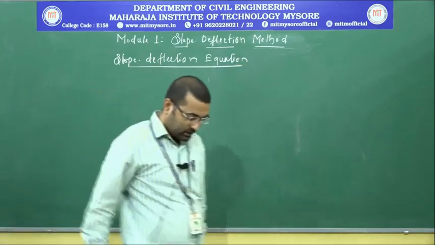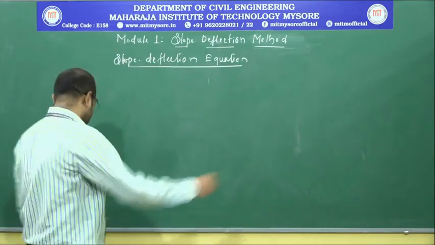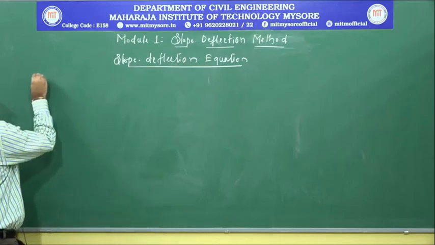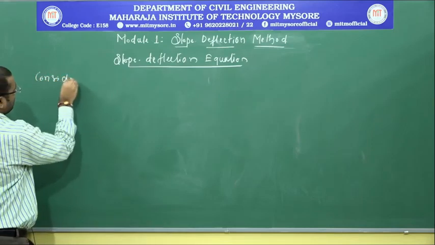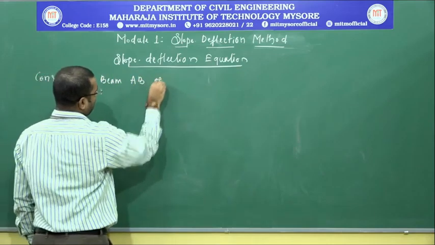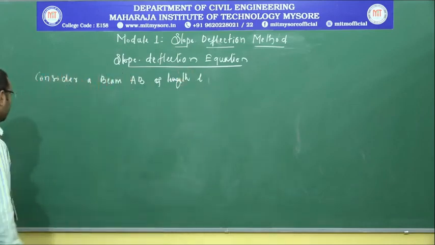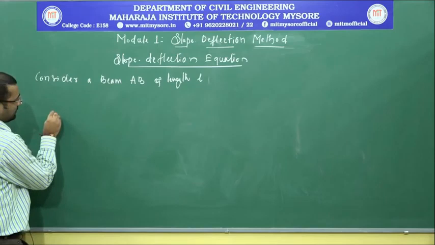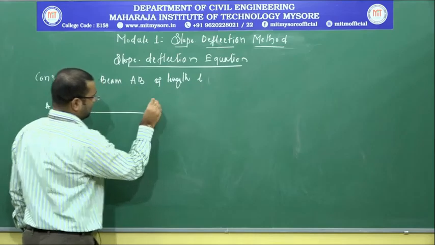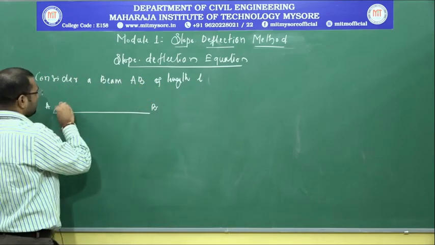To derive the slope deflection equation, let me consider a beam of length AB. See here. So, I will consider a beam AB of length L. This is a beam, let us say A and B. This beam is loaded with a general loading.